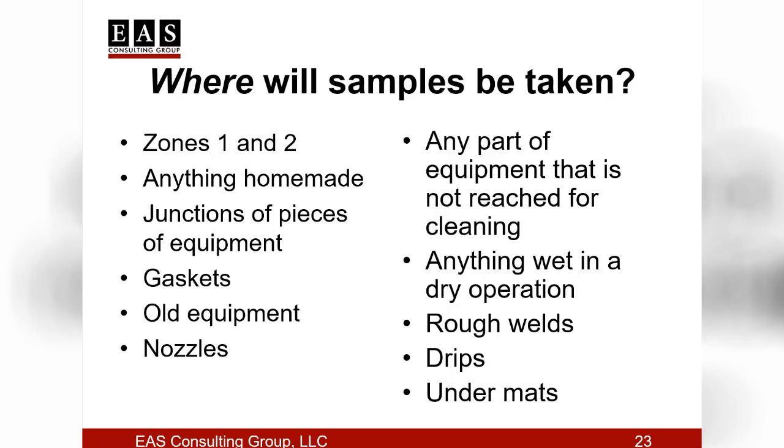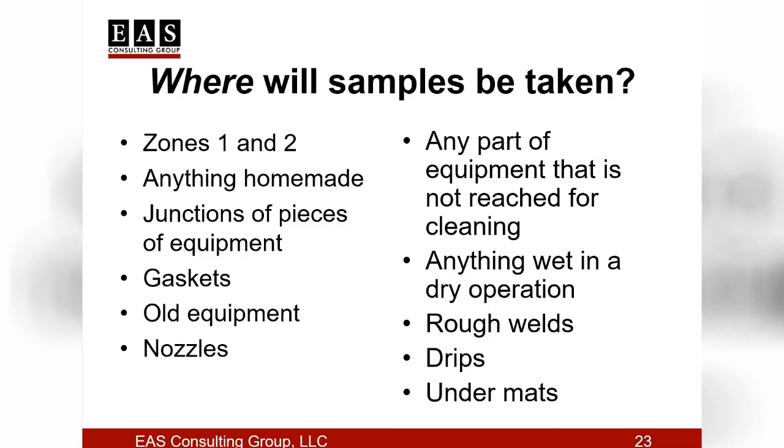What I want you to think about when you're thinking about Zone 1 and potentially Zone 2 is anything that's homemade, any place where there are pieces of equipment that come together. I mentioned unscrewing, taking bolts out, any place that there's a gasket.